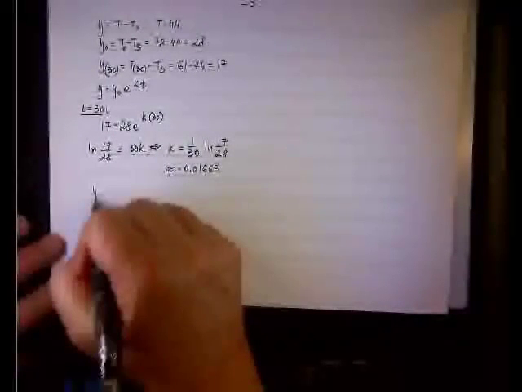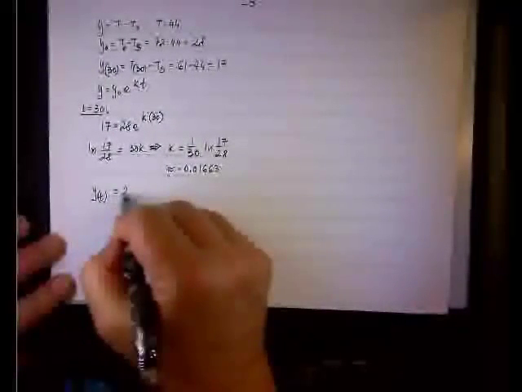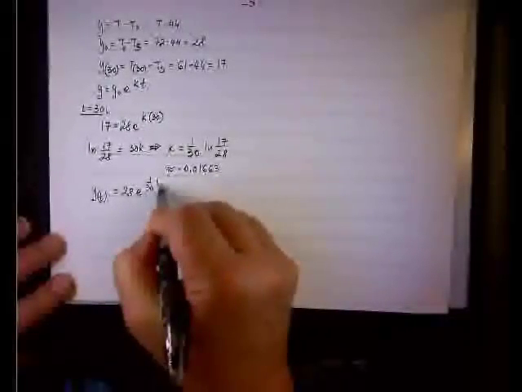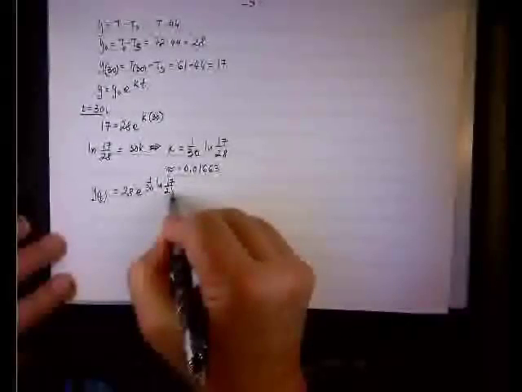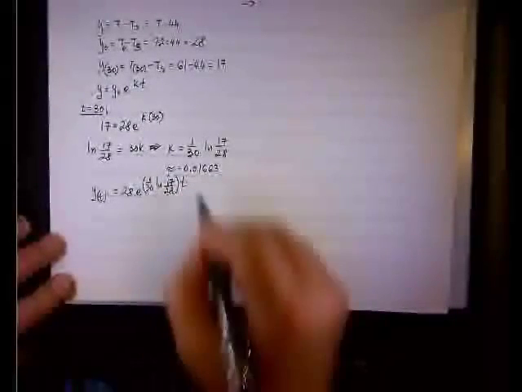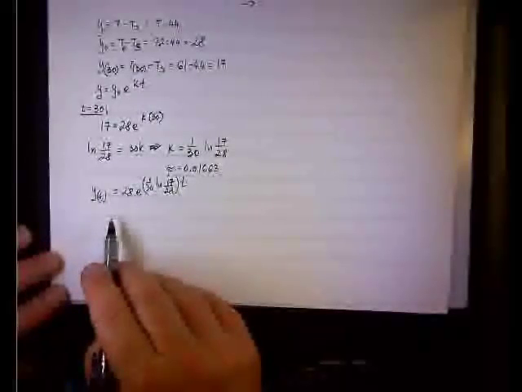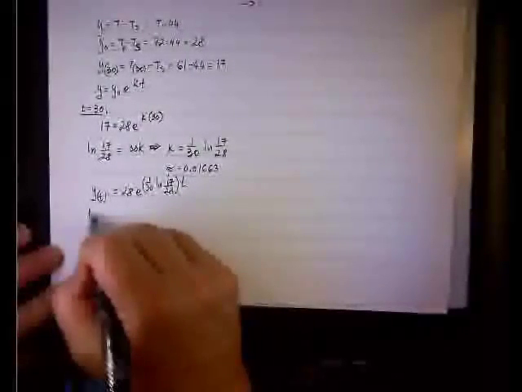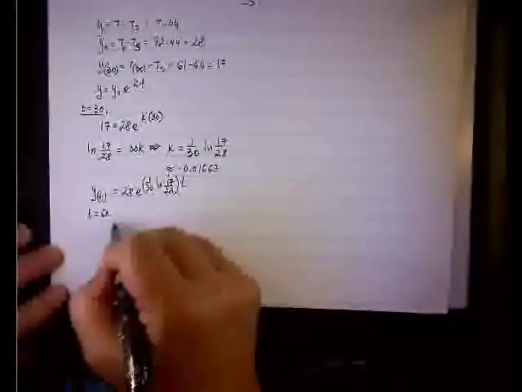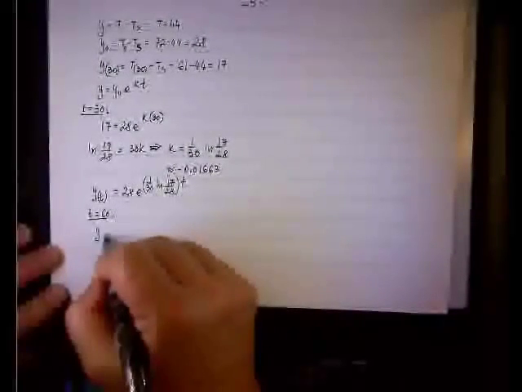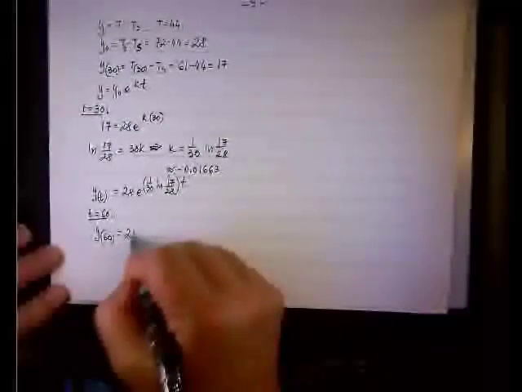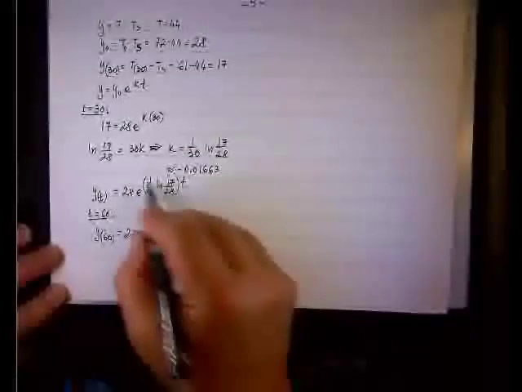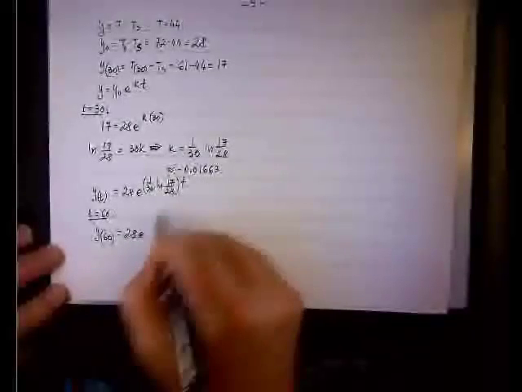So now we have the model y of t equals 28 e to the power of 1 over 30 natural log of 17 over 28 t, right? And we want to solve after 60 minutes, t equals 60 minutes. And we're going to say that y after 60 equals 28 e to the 60 over 30, I don't know if you see it, but it will be simply 2.